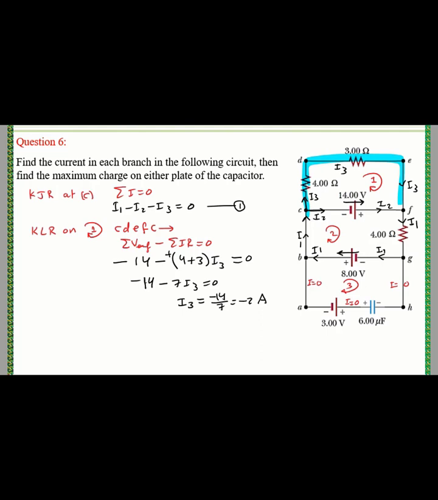Now let us find I1 and I2. Apply Kirchhoff's loop rule on the second loop, from B to C to F to G to B. Sigma EMF, electromotive force, minus sigma I times R equals 0.